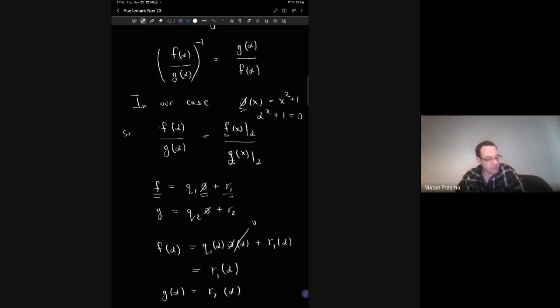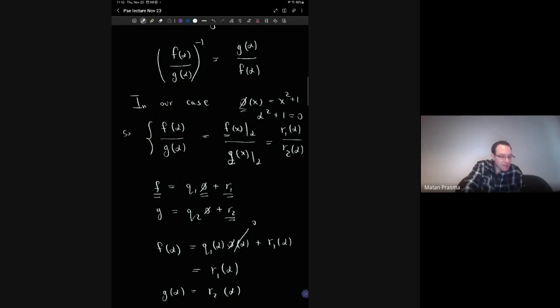So in fact, when I consider f of alpha modulo g of alpha in this setup, it is simply equal to r1 of alpha modulo r2 of alpha, where r1 and r2 are the mod phi reductions of f and g.